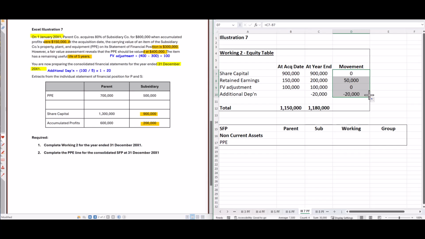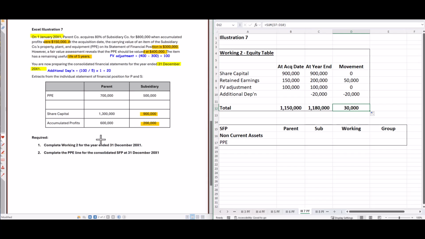And then the additional depreciation is 20. So if we add this up at the bottom, that will bring in our movement on retained earnings and the adjustment for the additional depreciation, so that our post-acquisition profit is going to be 30. So it will all work out and give you the correct post-acquisition profit if you do it this way. So that's what we're aiming to do. Okay, so that's our equity table.